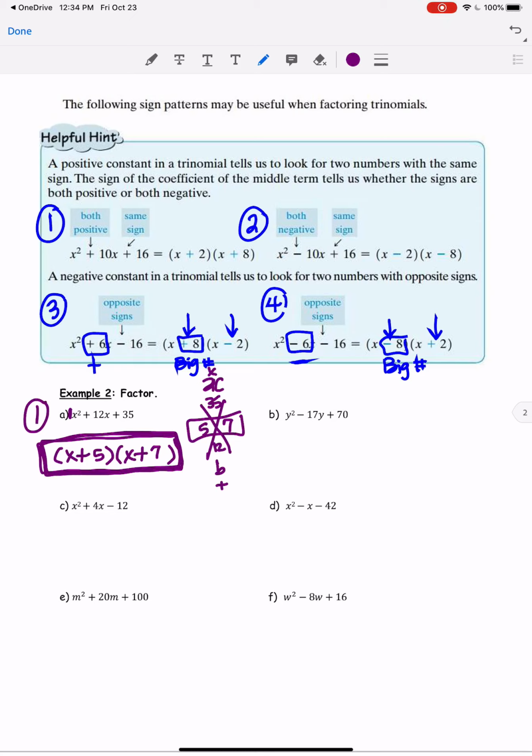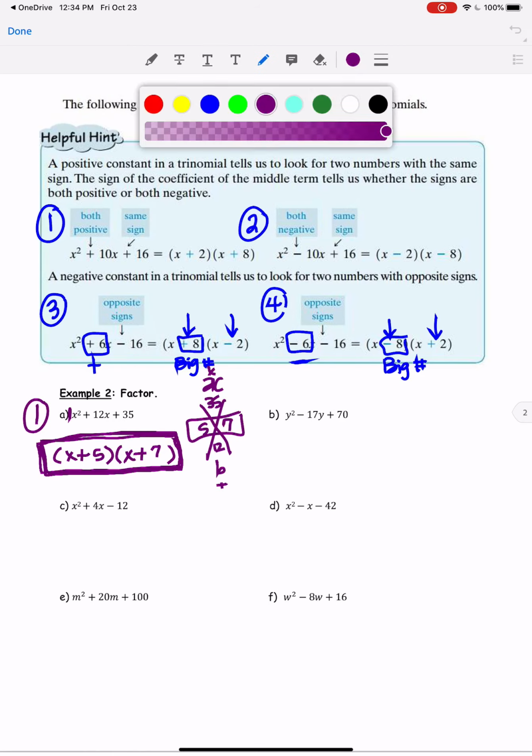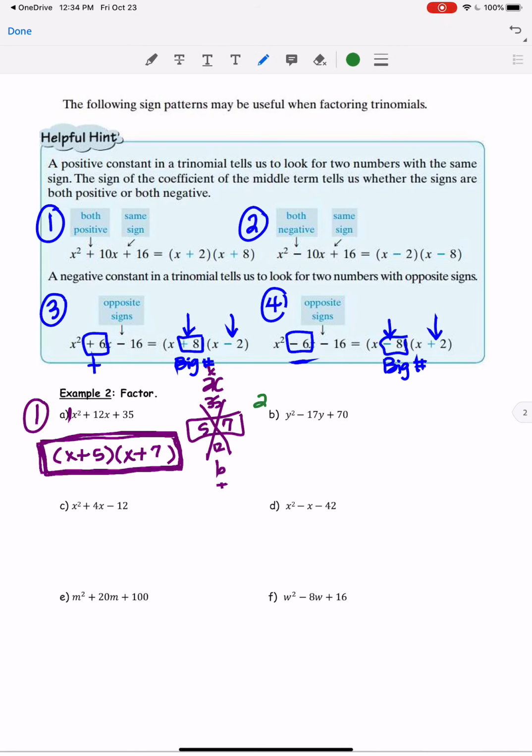On B, now we have a case 2 because my C is positive and my B is negative. So the only way to get to that is with two negatives.